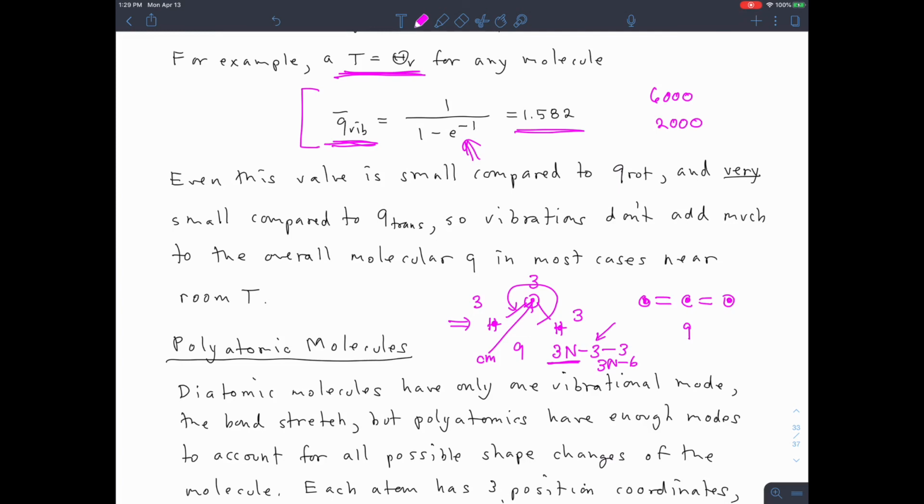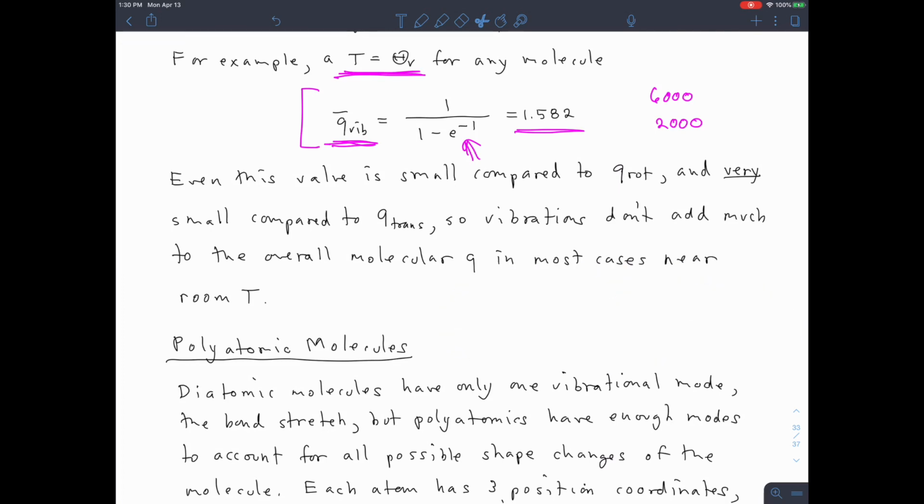Those are all going to be vibrational coordinates. In the case of CO2, which is linear, I started with 3n, I subtract 3 for the center of mass, I subtract just 2 now for the orientation angles, and that's 3n minus 5 vibrational coordinates that are left over.